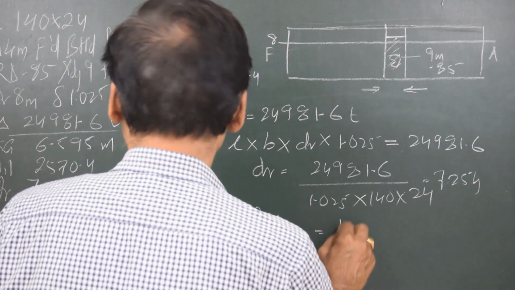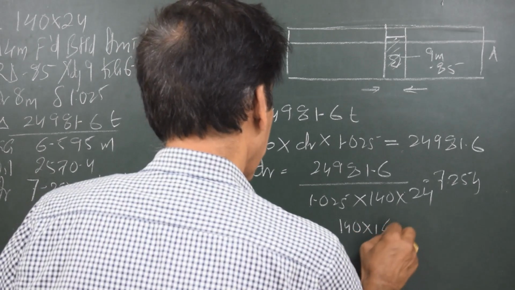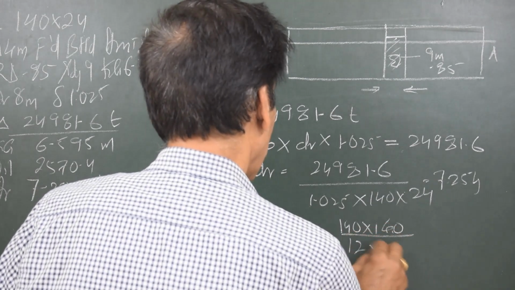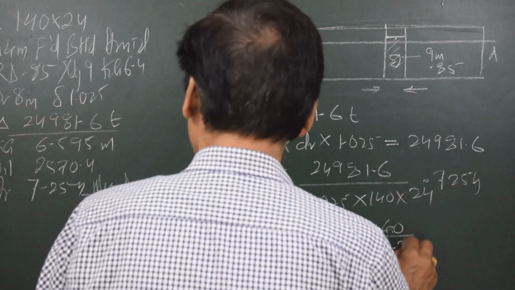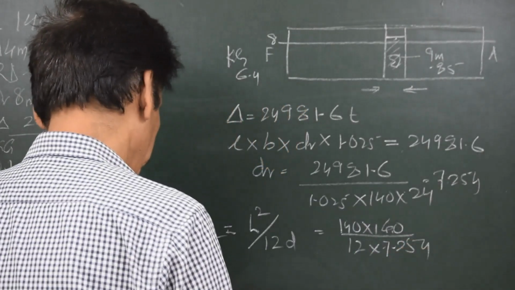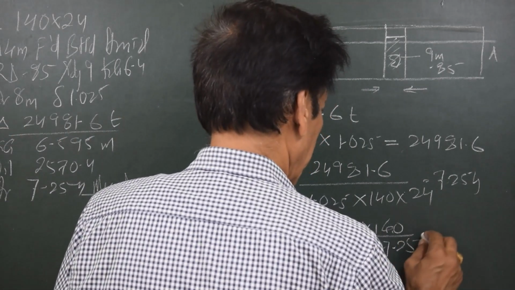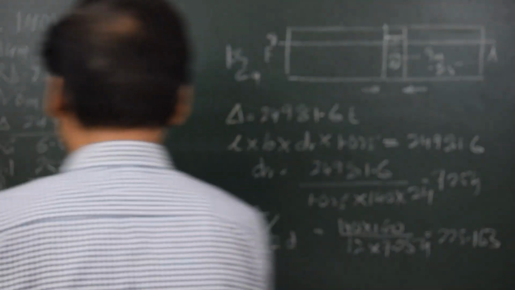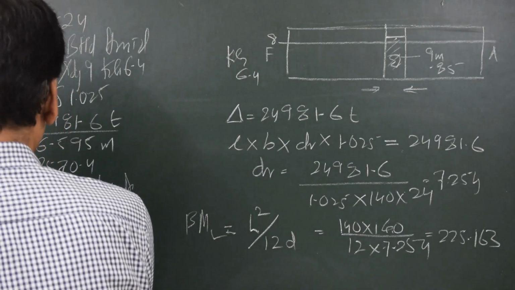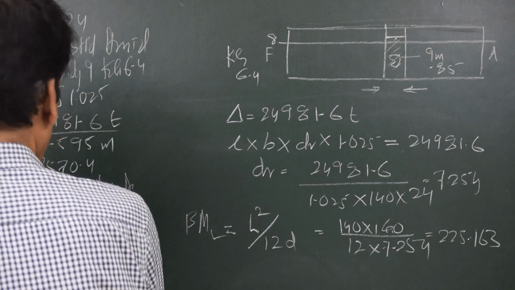So that is equal to 140 into 140 divided by 12 into 7.254. That is 225.163. So this is going to be the BML.